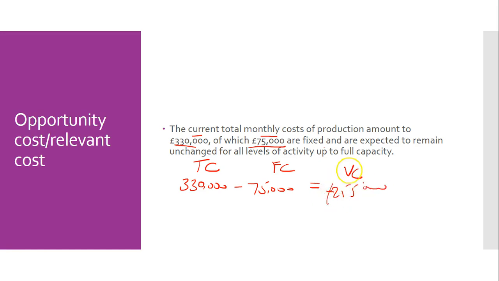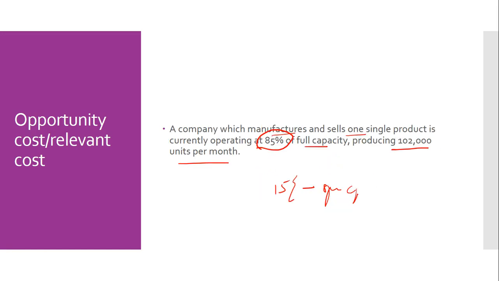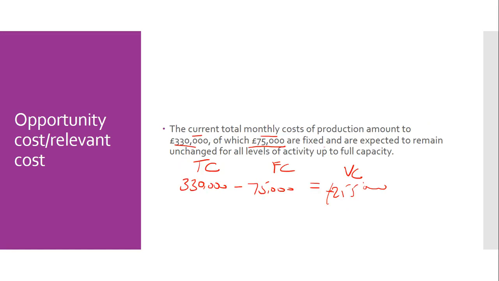But we already know from the previous slide that we're dealing with 102,000 units. So you can almost work out straight away what the variable cost is on each unit. And if you know the selling price, you can work out the contribution.